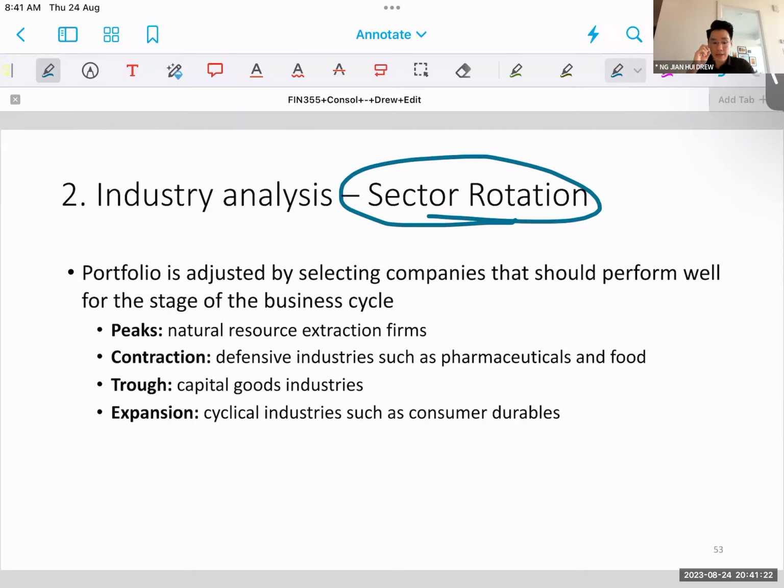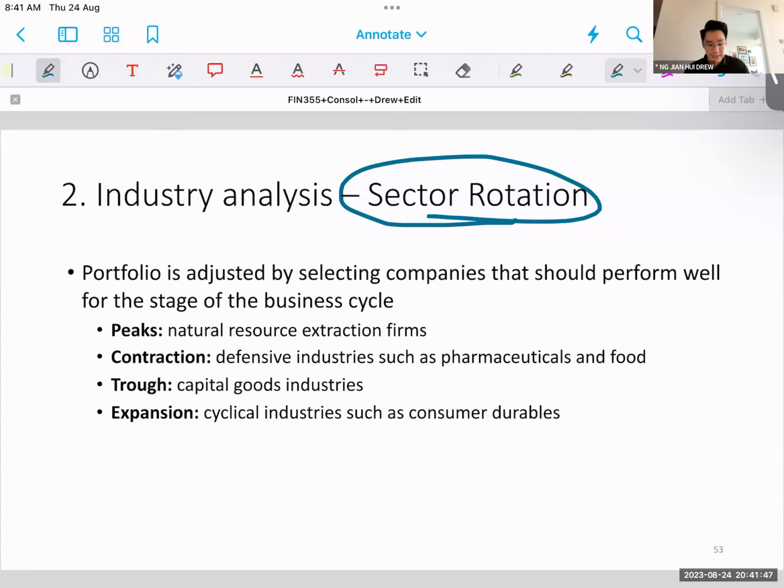But let's say we want a diversified portfolio and do some kind of rotation of these different companies. Then sector rotation comes into play, where we tilt our portfolio more or less toward certain industries, depending on which stage of the rotation the sector is in.